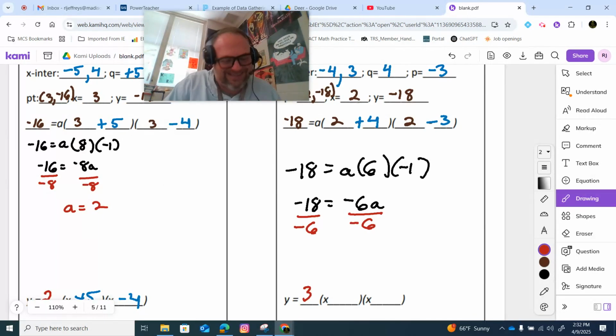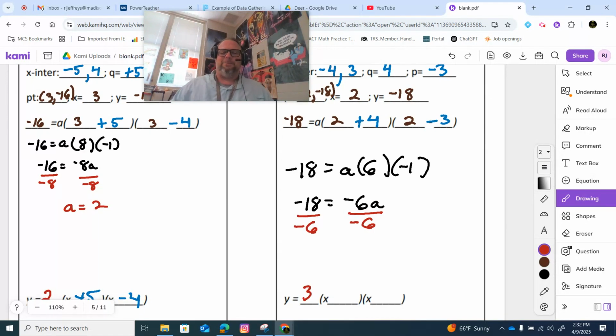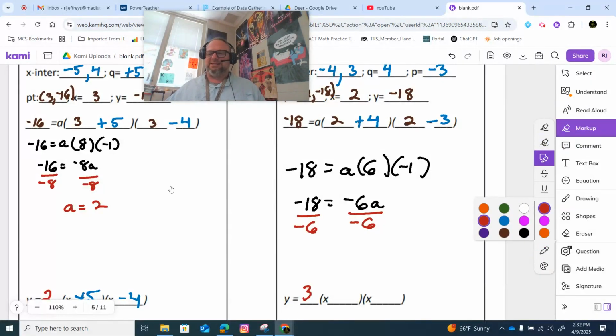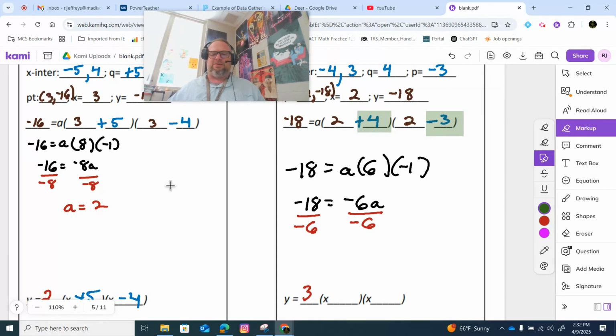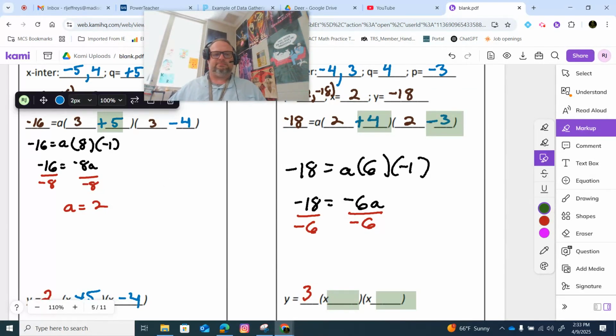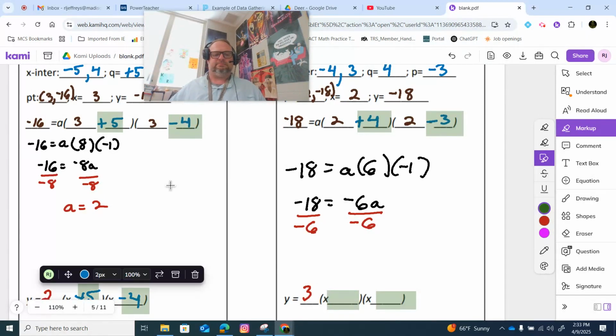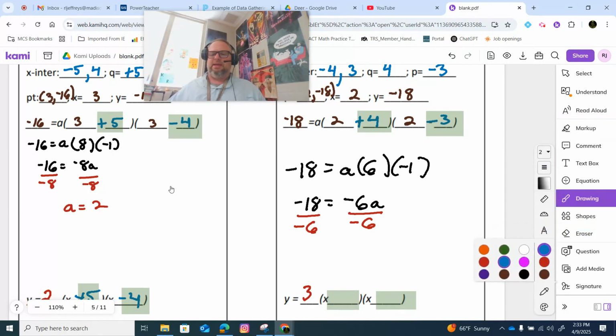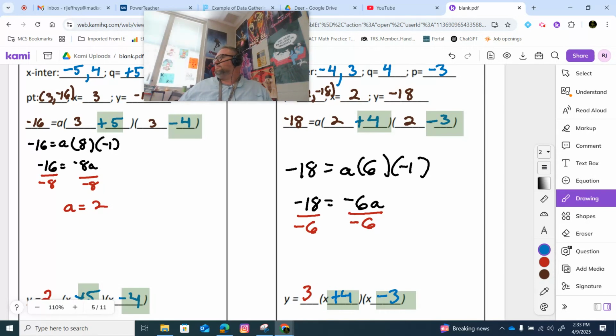Yes, your 3 brain cells. Perfect. Now, there is kind of a pattern that these numbers here are the same numbers down here. Okay, so this would be plus 4, this would be minus 3. And that's it. And that's 2 lessons in once.